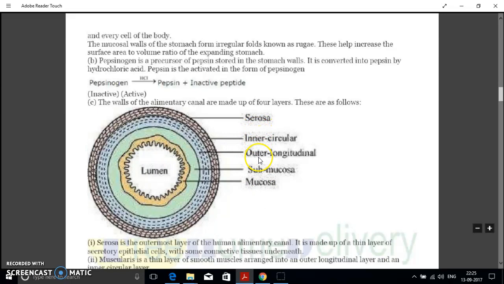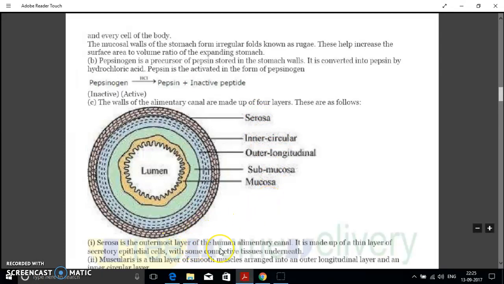You will remember it. Where people get confused is the inner circular and outer longitudinal, the components of muscularis. So inner circular and outer longitudinal. Owl, O-L, owl. Outer is the longitudinal, inner is the circular. So serosa, inner circular, outer longitudinal, submucosa and mucosa.